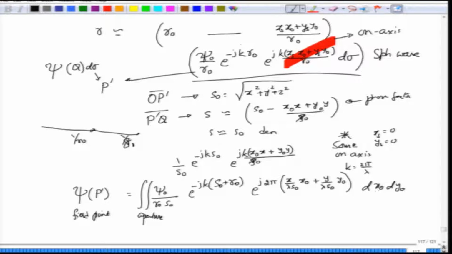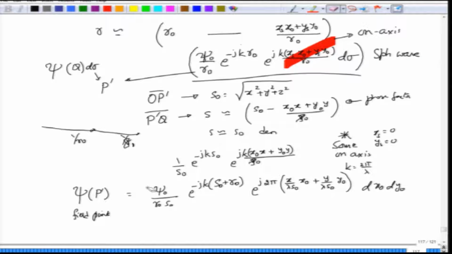Okay. In this expression, what you can observe is that S0 and R0 are independent of x0 and y0, right. The distances p prime q as well as the distance p q are independent of dx0 dy0. Similarly, if you assume that psi 0 is a constant and this r0 is also independent of x0, then you can move these outside the integrals. Okay.